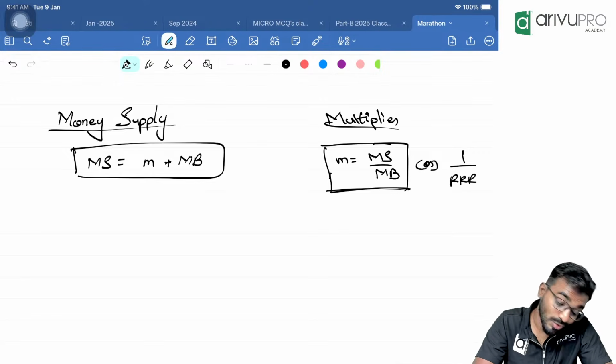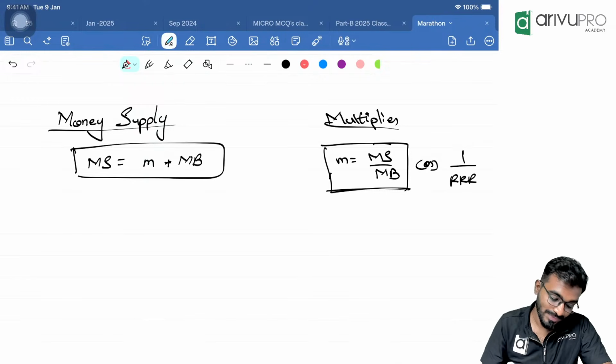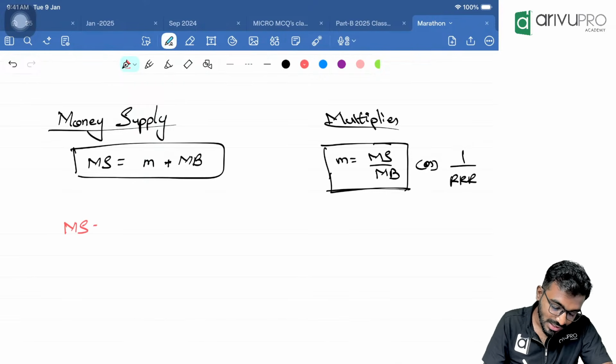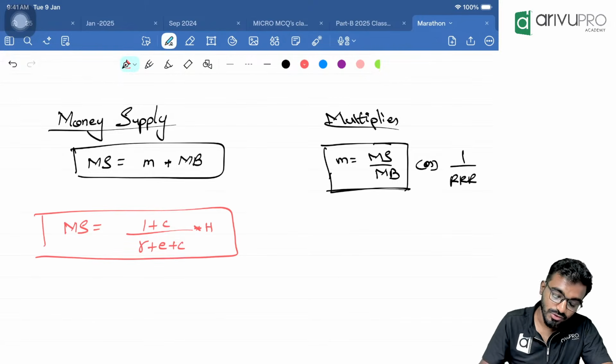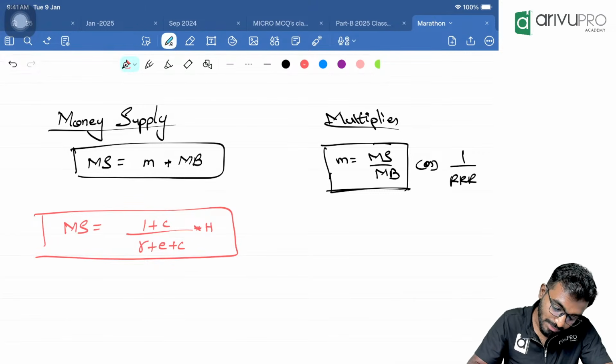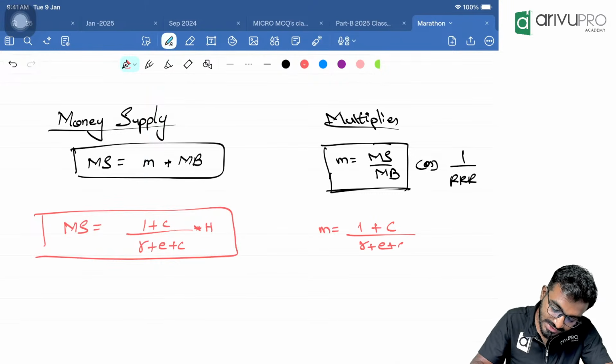There is one more interesting formula. Money supply is (1 plus small c) divided by (R plus small e plus c), into H, where H is high powered money. In the same formula, if you eliminate H, that becomes the multiplier: small m is equal to (1 plus c) divided by (R plus e plus c). That's it.